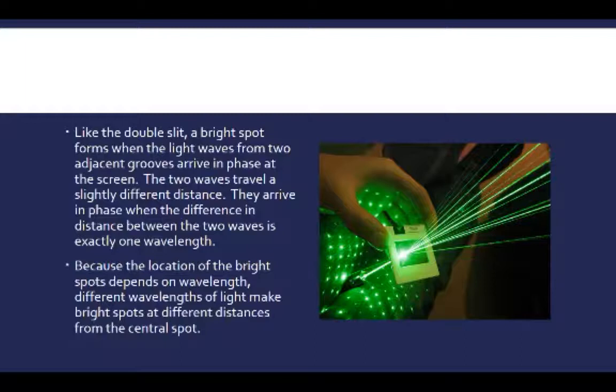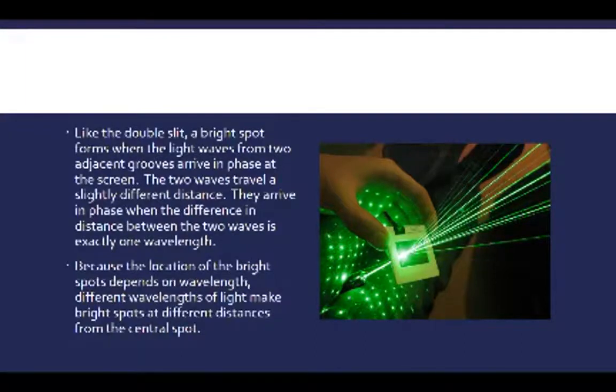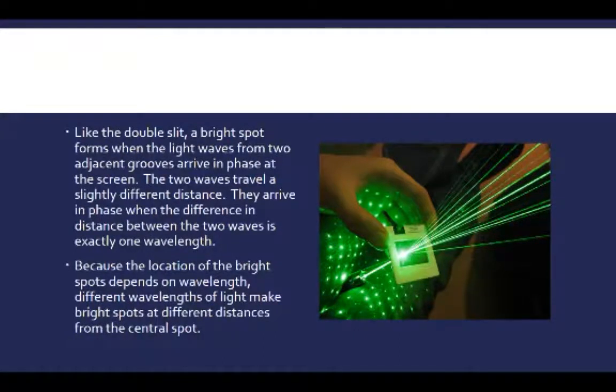So you go from a really bright spot, and it gets dimmer, dimmer, dimmer until it goes dark where they cancel each other out. Then it slowly fades back in, brighter, brighter, brighter, until it gets to the full brightness of the first order peak that we would see.